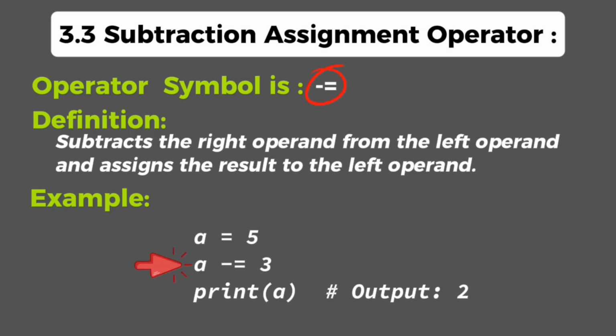This is the shorthand in Python. What it really does is take the current value of a, subtract 3 from it, and store that new value back in a. So now a becomes 2. Finally, we print a, and that gives us this output, 2. This is the output when Python runs this code.